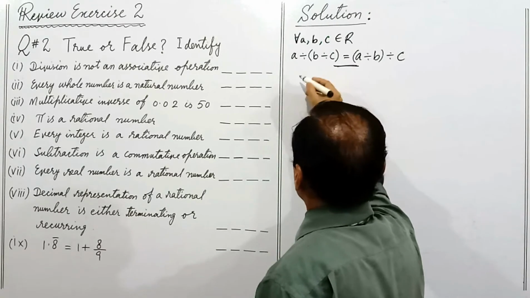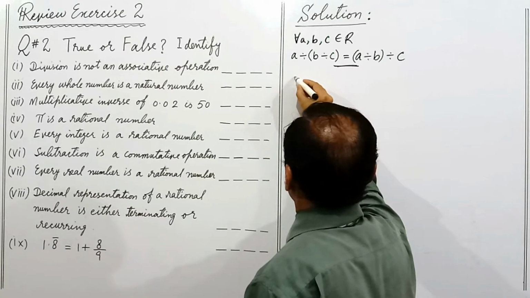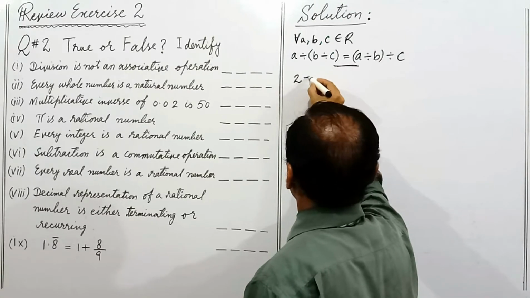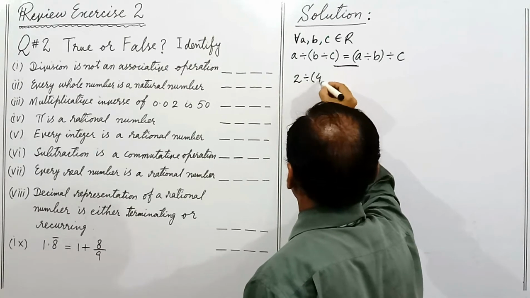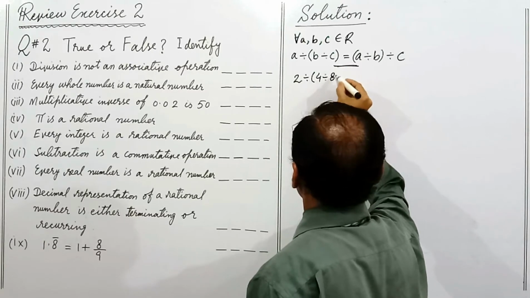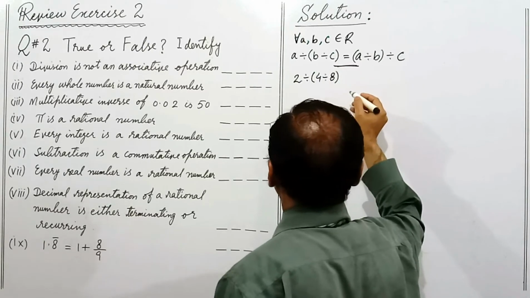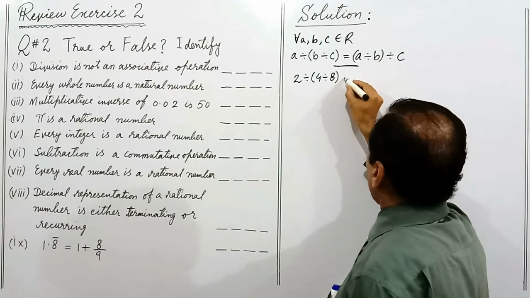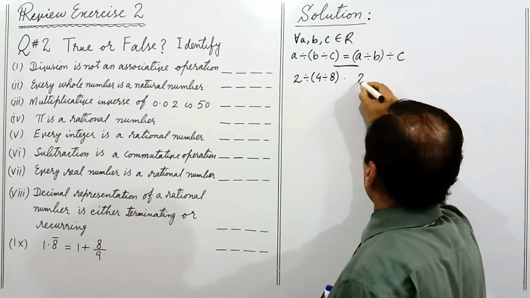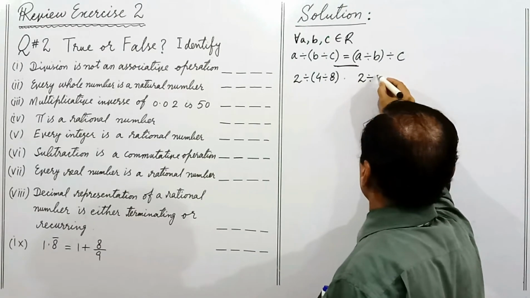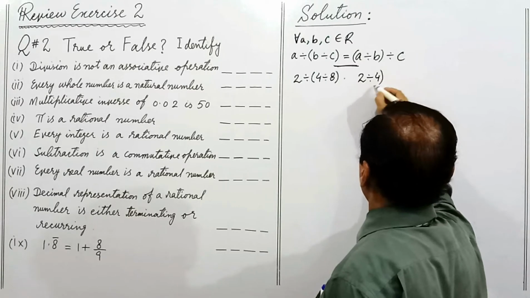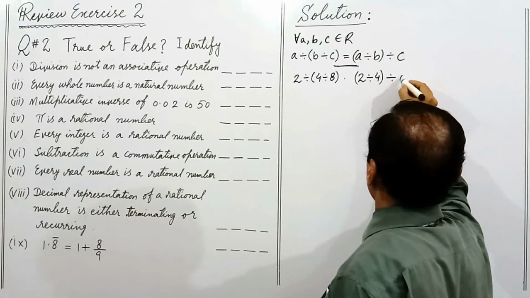Let a equal 2, b equal 4 and c equal 8. We choose even numbers for ease. On the left hand side we write 2 divided by 4 in the bracket, divided by 8.